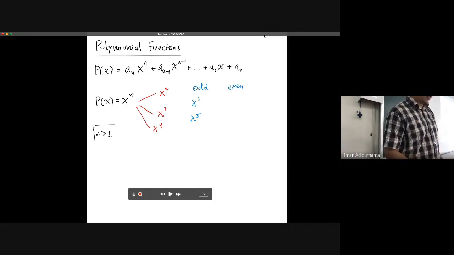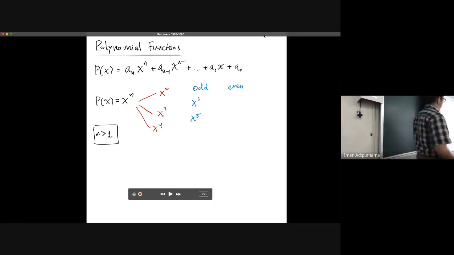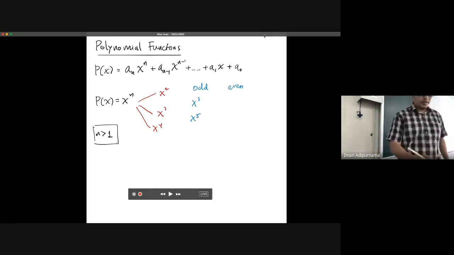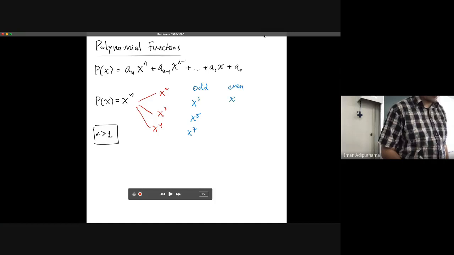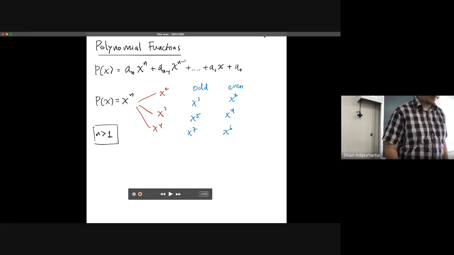This is important because the behavior of a linear function is totally different from when the degree is greater than 1. If we try to divide, it becomes two: maybe start from even, squared, 4, and then 6.